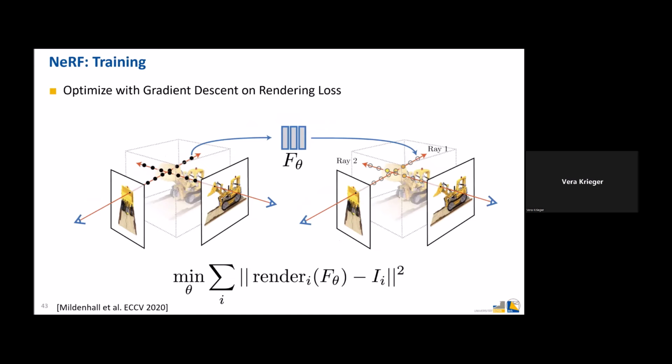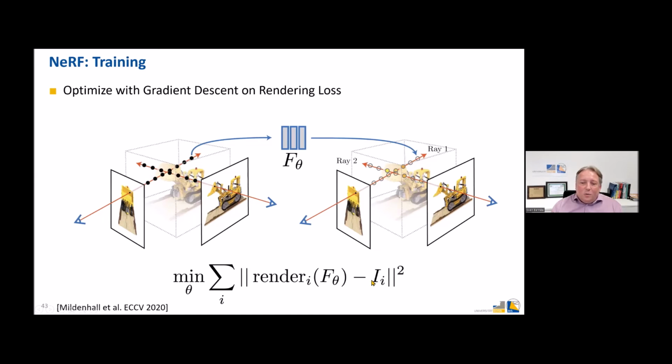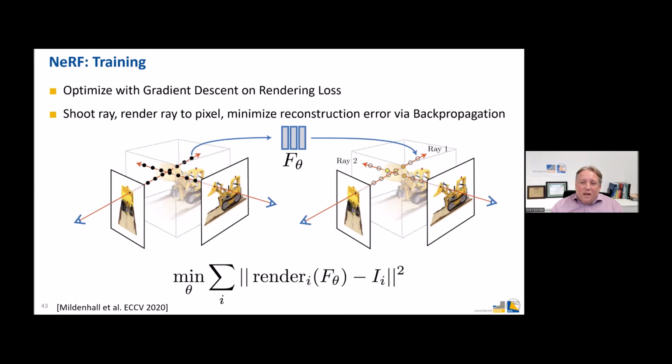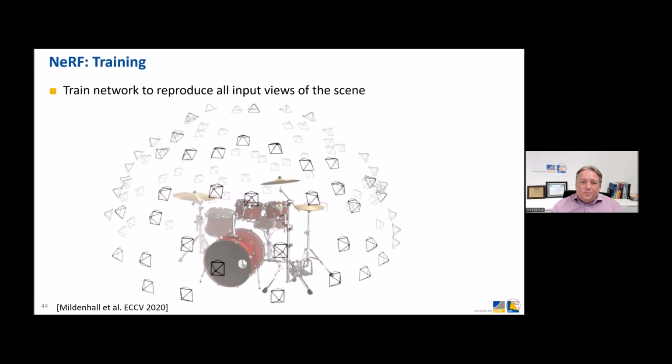And why is this important? Because now we can formulate a loss here that says the rendered image should look like the image that we actually captured from that viewpoint. So we can minimize this rendering loss and adjust parameters here based on backpropagation. We train this neural network from all the views that we have from the scene.